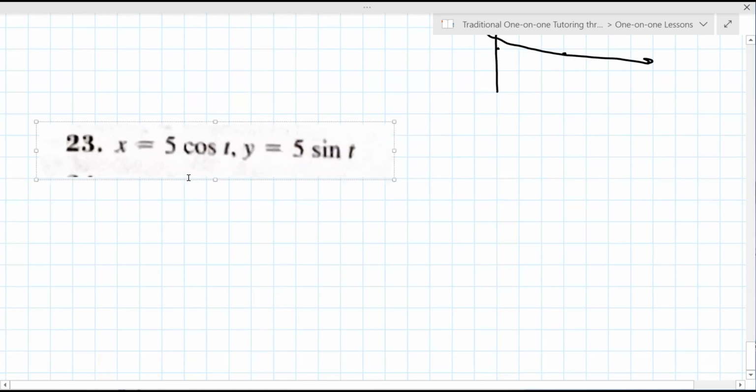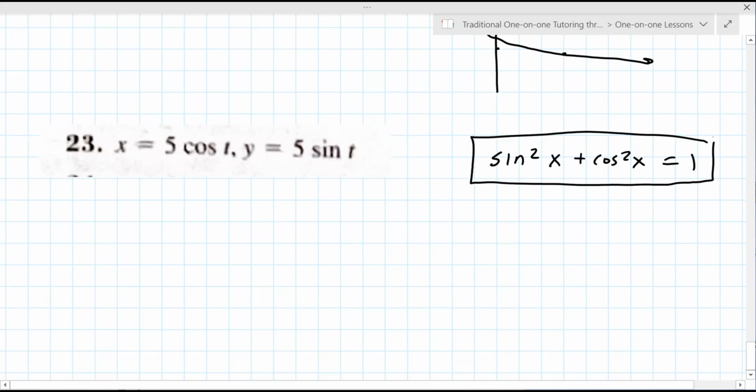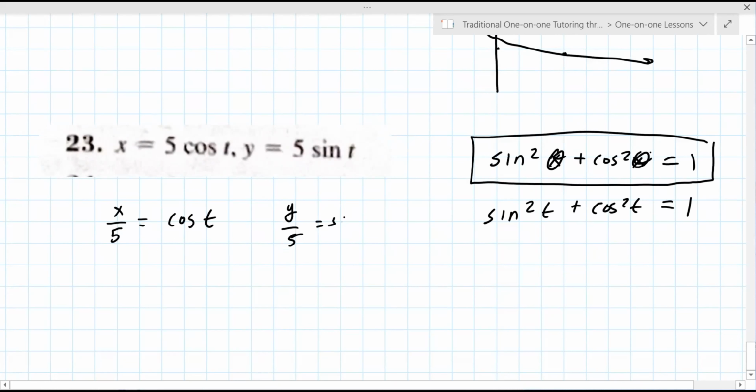Just like when we're doing polar, there's some stuff here like sine squared x plus cosine squared x equals 1. This is an identity. And the x could be anything. It could be a theta, as long as they're the same. In this case, it's t. So sine squared t plus cosine squared t equals 1. So this is x over 5 equals cosine t, y over 5 equals sine t.